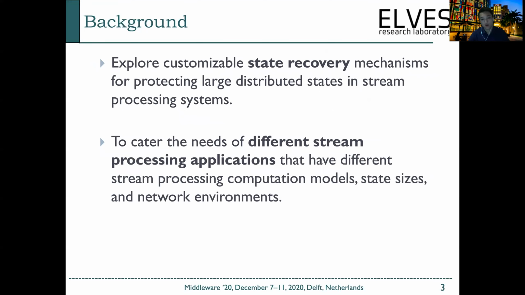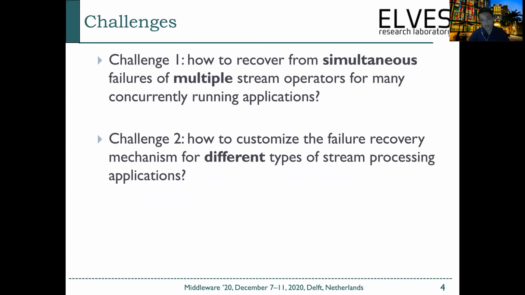So exploring customizable state recovery mechanisms for protecting large distributed states in stream processing systems is one of the main targets of this research paper, catering to the needs of different stream processing applications that have different computation modes, state sizes, and network environments. Here we name two main challenges.